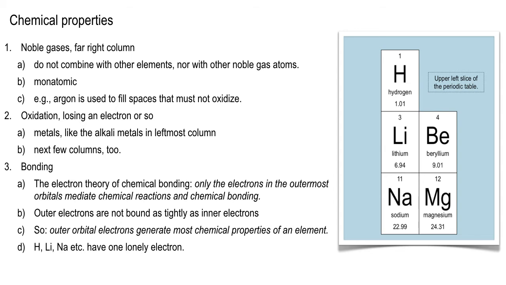But same thing with electrons. The outermost ones are the ones that are most easily stripped. And when you strip them, you can form ions. One of the easiest sets of metals is those in the leftmost column, the alkali metals. They're fairly easy to oxidize.